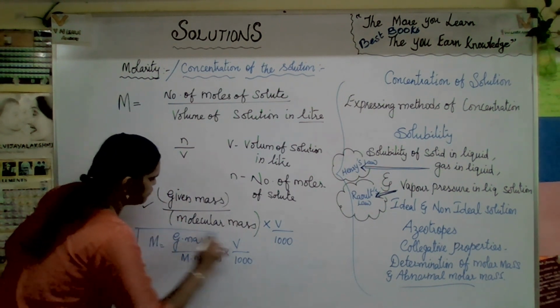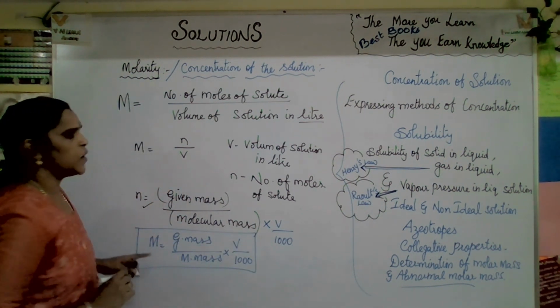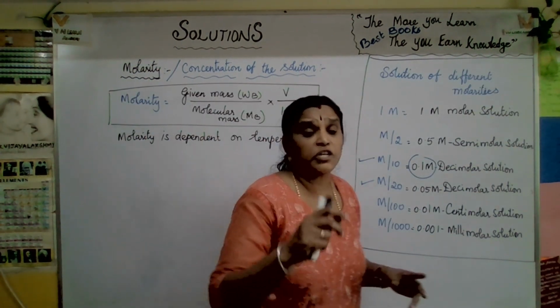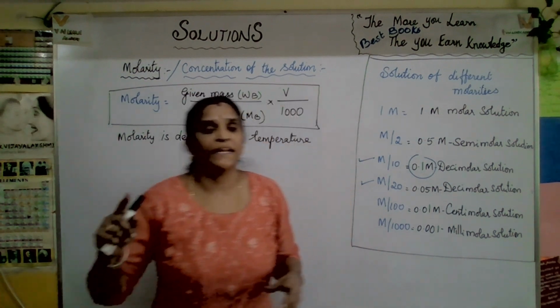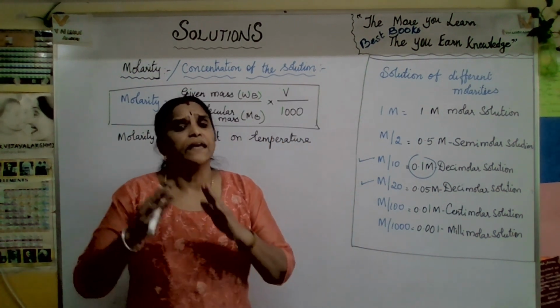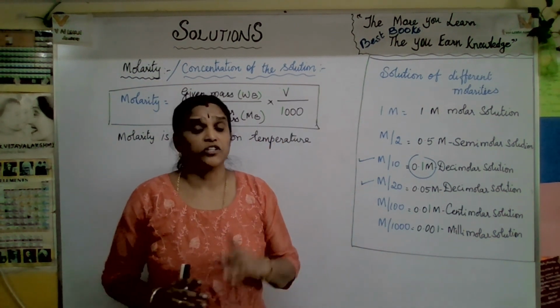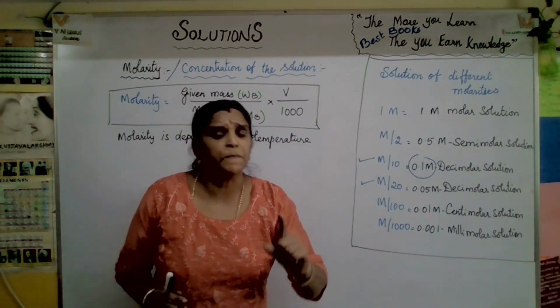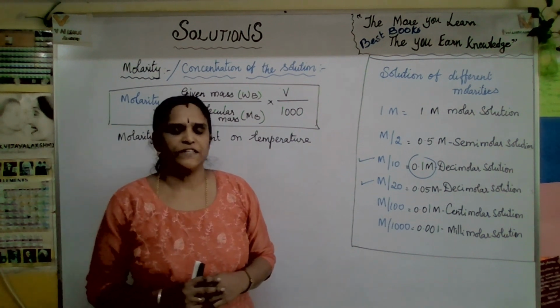This is the formula for the molarity. Generally, they will give a known solution, 0.1 M or 0.02 M, like the strength of the solution. That is the expression for the molarity of the solution.